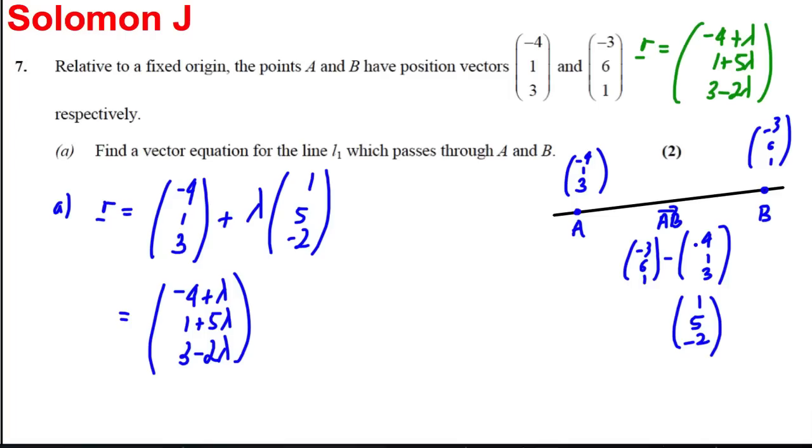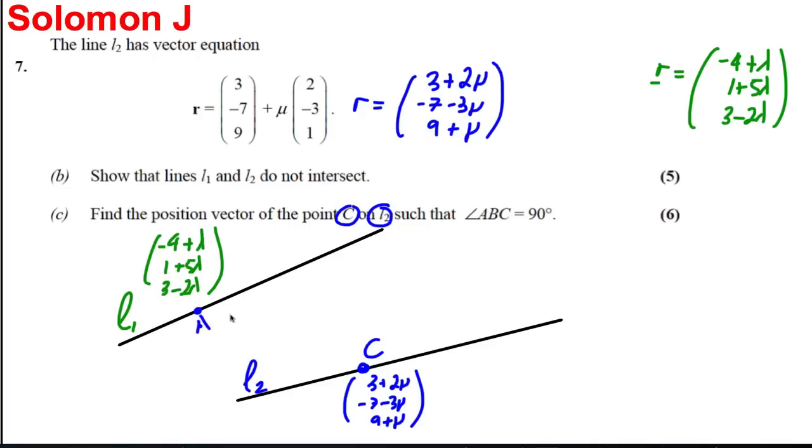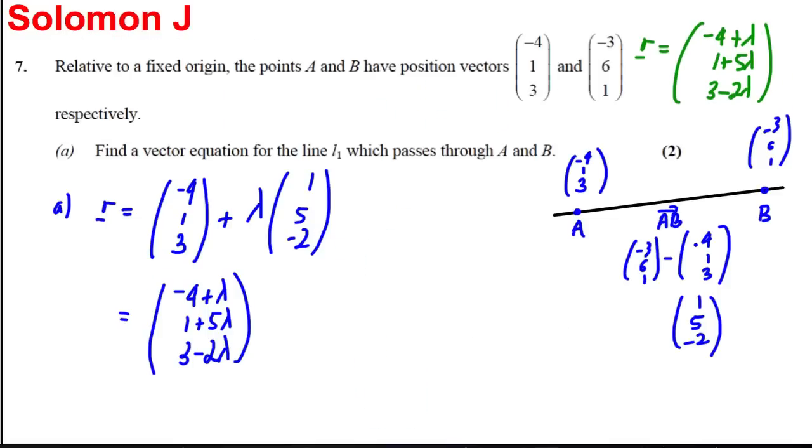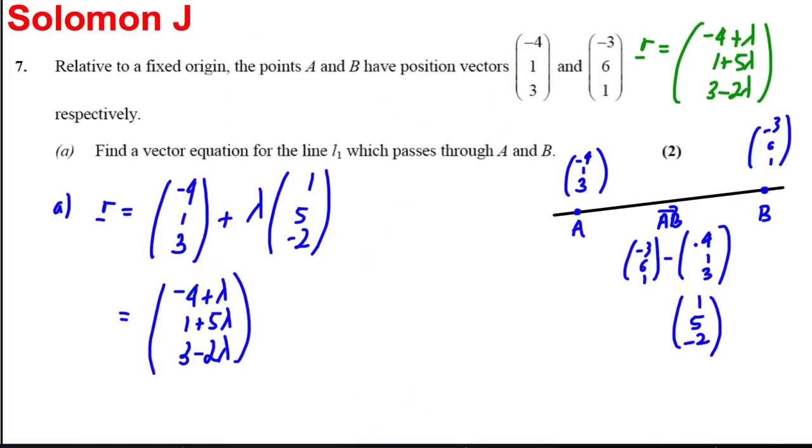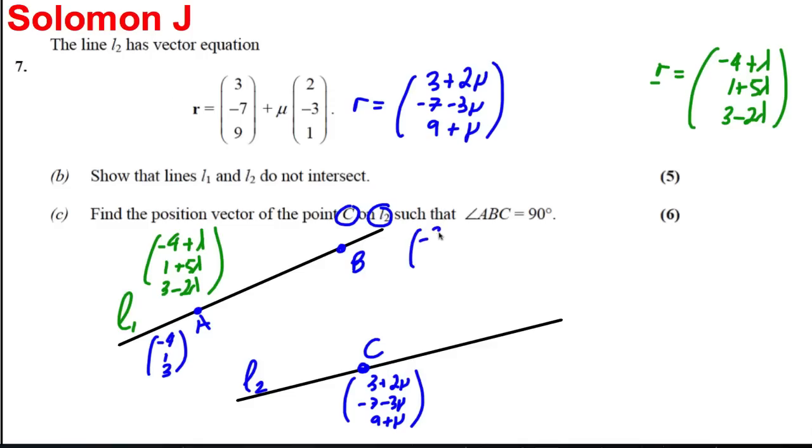Now A and B were 2 points on the line, and they were negative 4, 1, 3, that was A, and B was negative 3, 6, 1. And you want the angle A to B to C to be equal to 90 degrees.